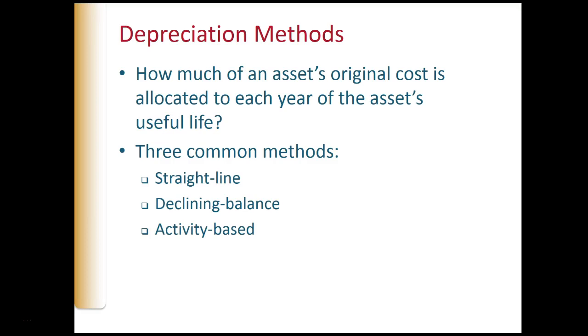The concept here is used in calculating depreciation for tax purposes. Then last, the activity-based method calculates depreciation over the use of the asset. It's used to allocate costs, oftentimes of natural resources.